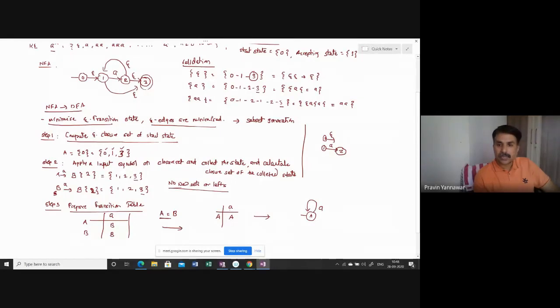So this is going to be my accepting state, and look at here. Okay, so this is my deterministic finite automata. Okay, so this is my DFA.